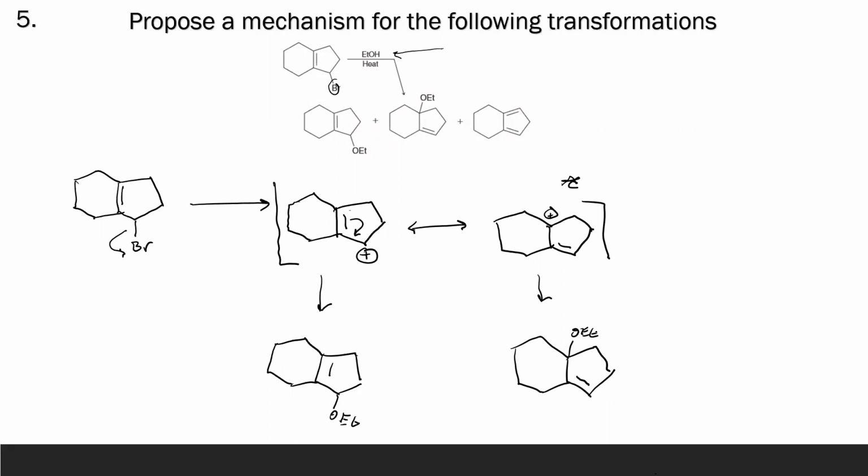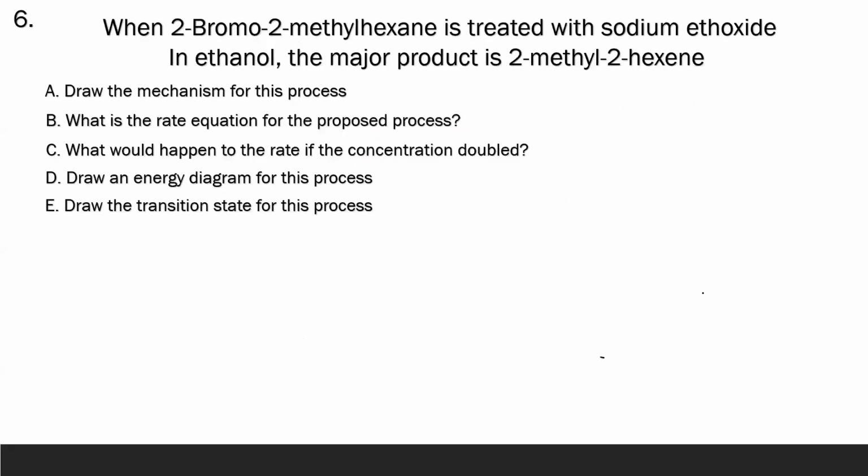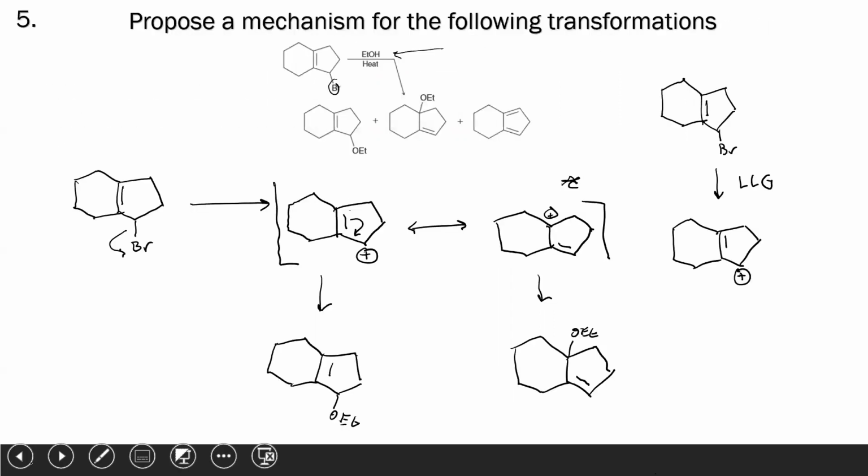Now let's look at how you get the E1 product. So again, you start with this guy here. Loss of leaving group gives you the carbocation. You could then again draw the resonance structures.